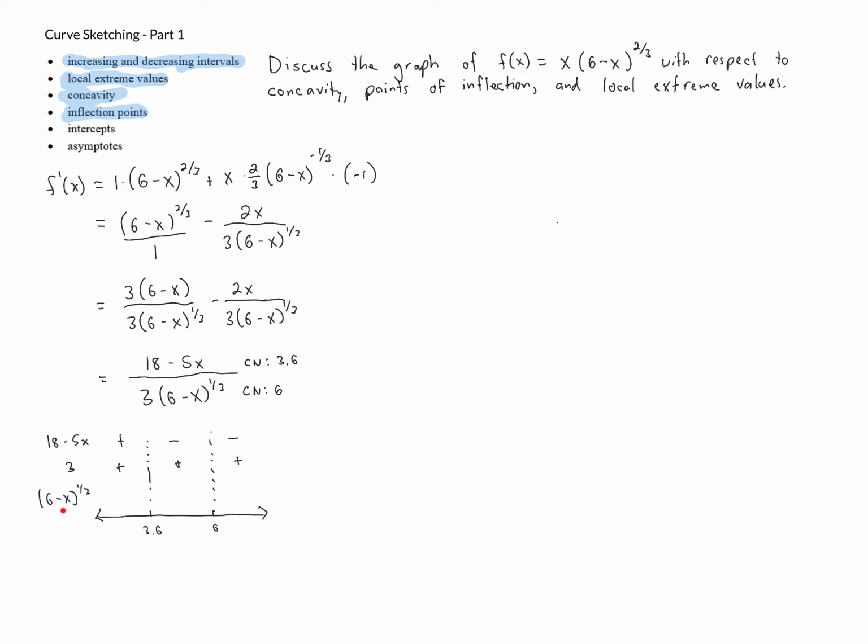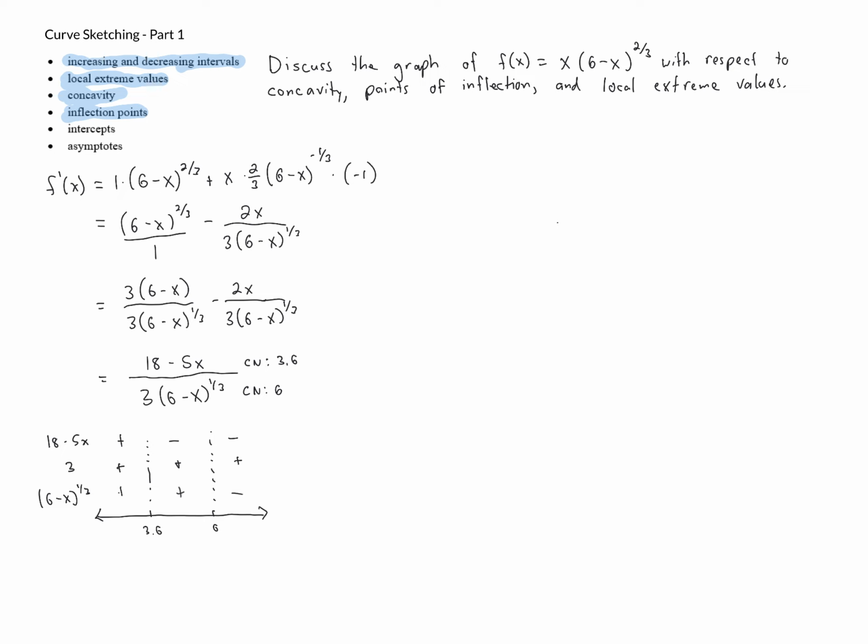Now we also have this (6 minus x) to the 1/3 power. Remember, 1/3 power is just taking a cube root. And when you take the cube root of something, it doesn't affect whether it's positive or negative. So this is really going to have the same signs as just 6 minus x. That's 0 at 6. And then if x is bigger than 6, it's going to end up being negative.